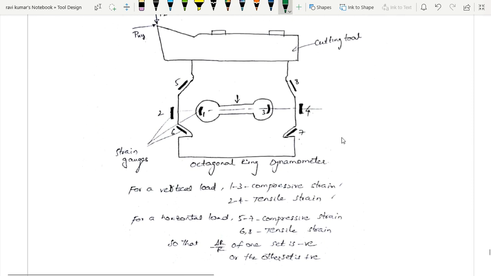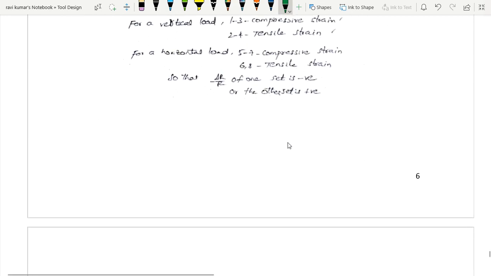See, 1, 2, 3, 4 will detect one force, which is nothing but this Pz vertical force. This 5, 6, 7, 8 will be detecting the thrust force or a combination of thrust and feed forces, right?